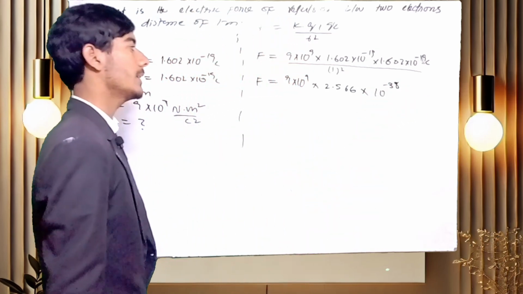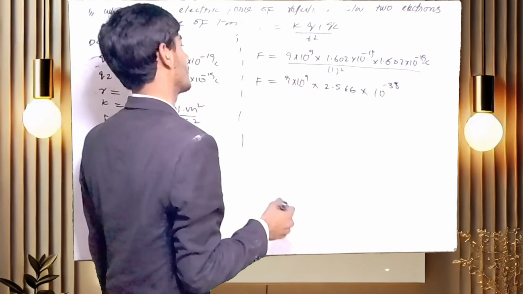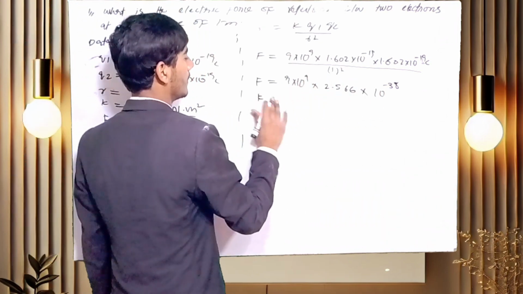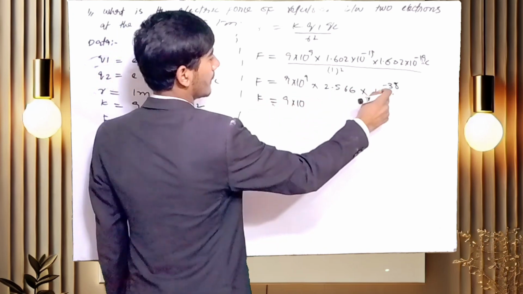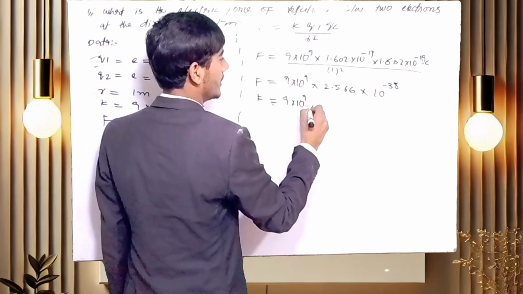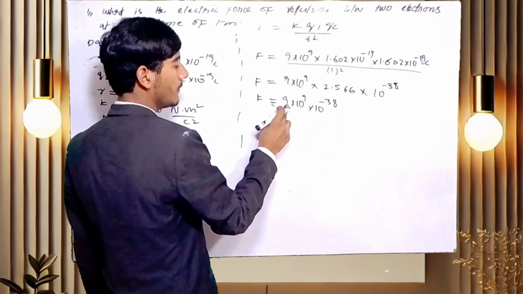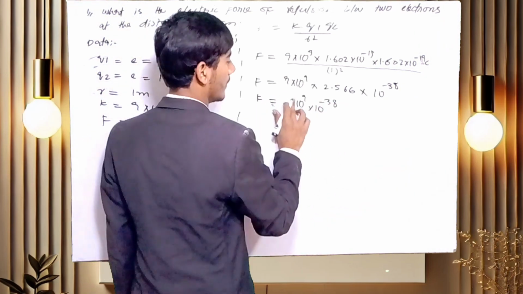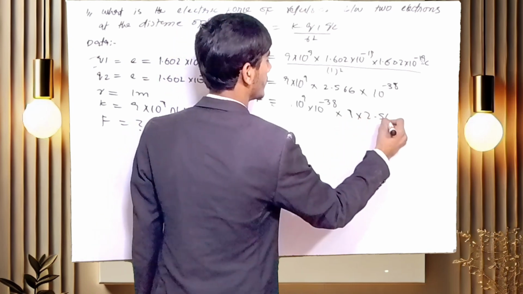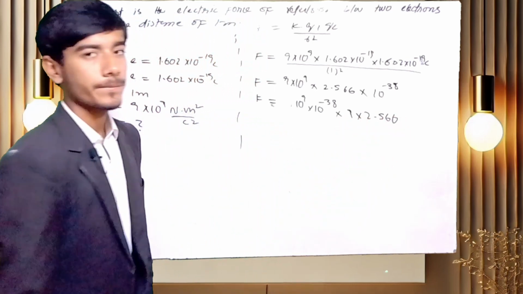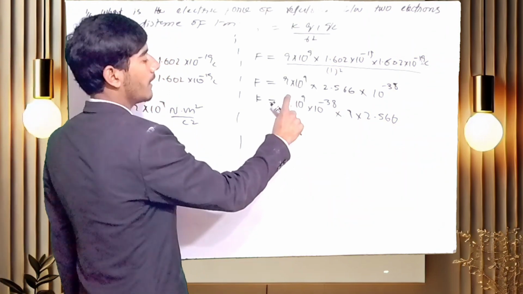Now look at this power and this power. 9 into 9, F is equal to 9 into 10 power 9 multiplied by 10 power minus 38. I am going to shift the 9 here because I have to multiply 9 by 2.566. Did you understand? Here the 9 was available.